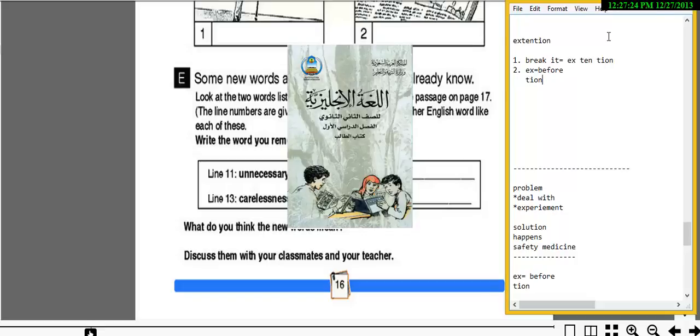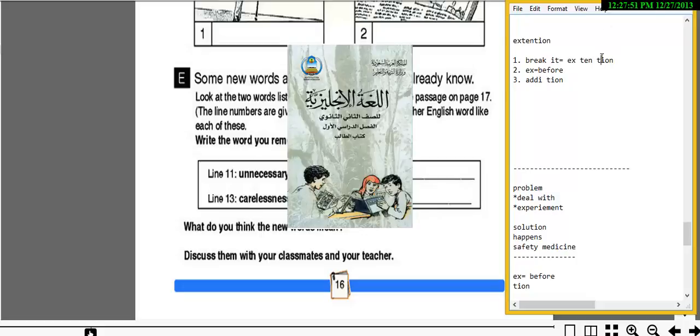Okay, I don't know what shun means, but okay, what do you do? Oh, okay, you should be remembering a word that has the same ending, like addition. It's just like extension. So it means something you add, something that you have, but it's just what you add to it.